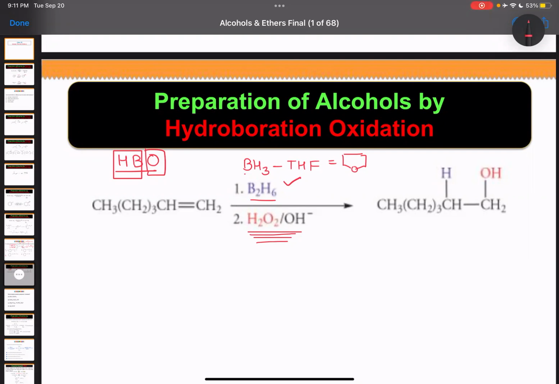But if you do the hydroboration and then peroxide and OH minus, then water will get added in the anti-Markovnikov addition. Is it clear?